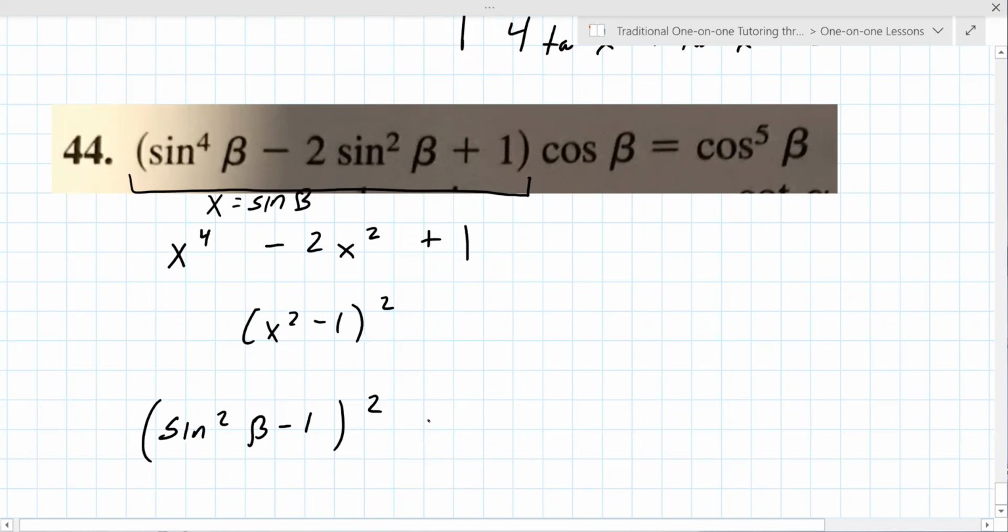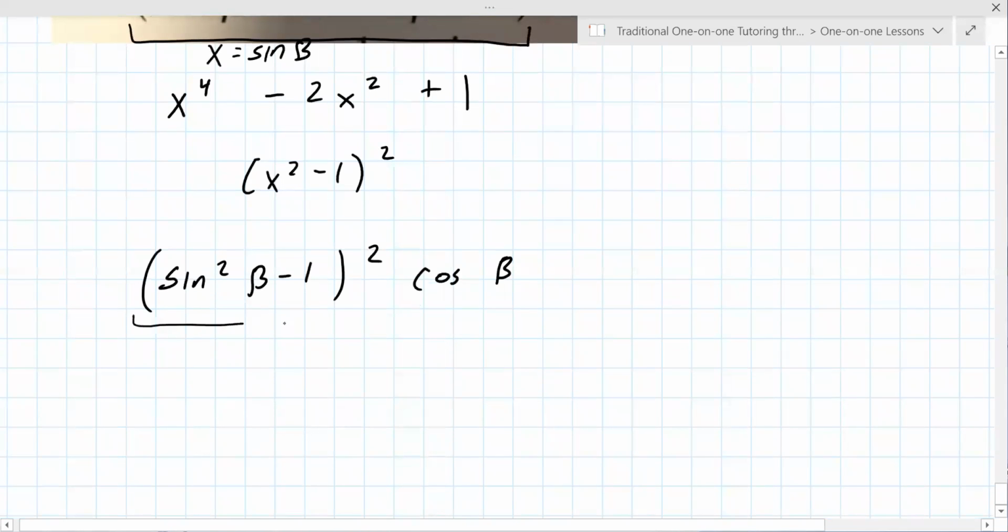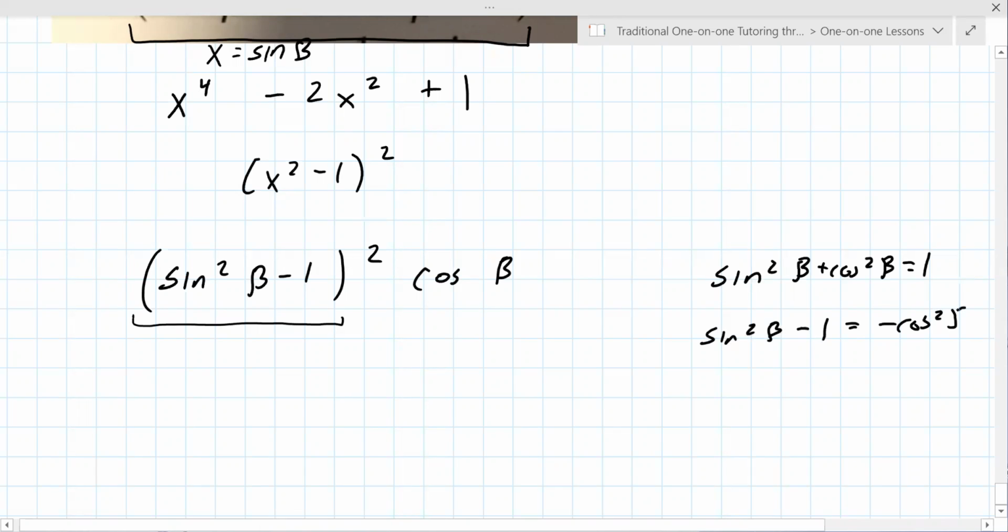Okay, cosine beta. But this part inside here, what is that? Oh, that's going to be a cosine. It is, but you probably have to show sine squared beta plus cosine squared beta equals 1. If you subtract 1, that equals minus cosine squared beta, because you have to minus it.